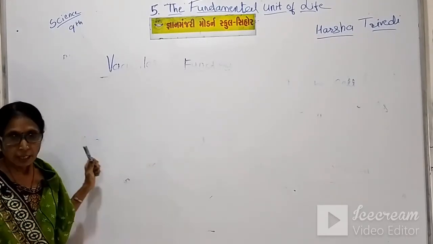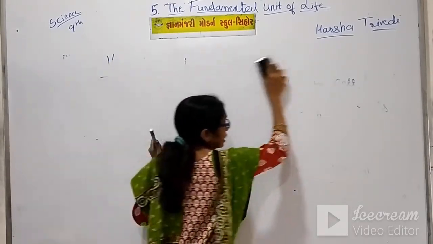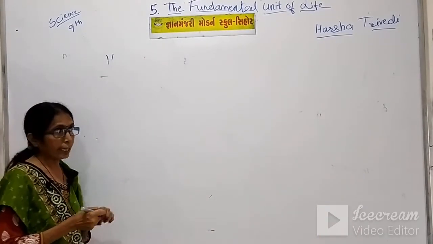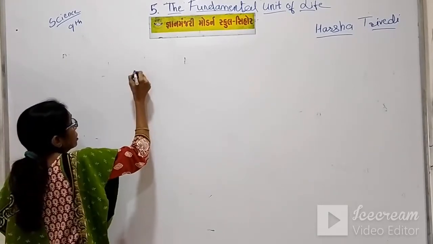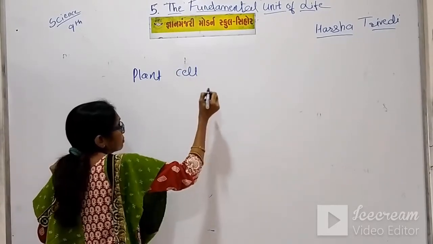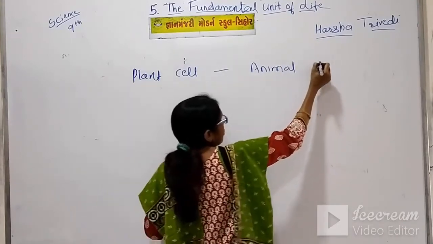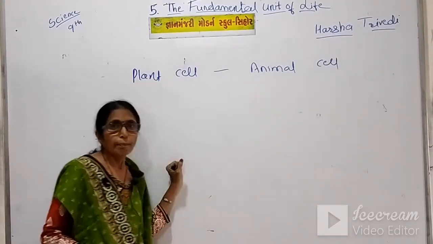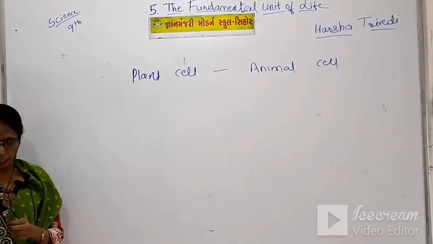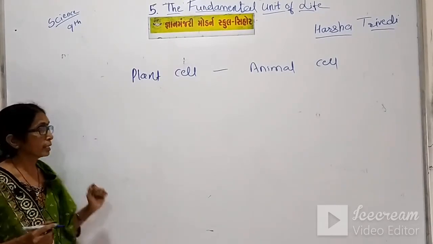Main difference. While discussing this, we were always discussing the difference between plant cell and animal cell. So I will write here point wise. First difference is that the plant cell has a rigid cell wall made up of cellulose, while the animal cell has just the plasma membrane.